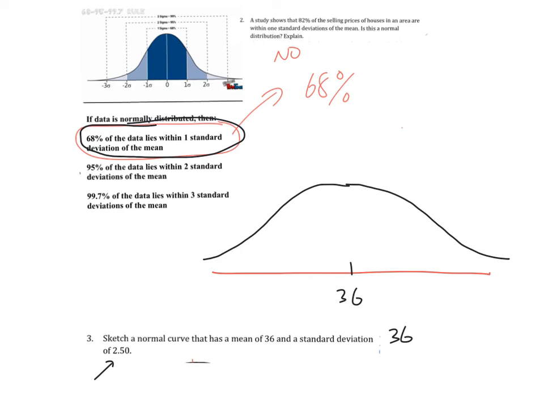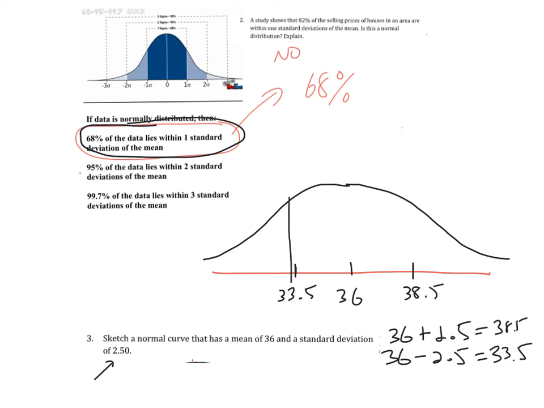So we're going to go 36 plus 2.5, and we're going to go 36 minus 2.5. And that's going to give us a range of 33.5 and 38.5. So I'm going to label those 33.5 and 38.5. And that tells me that 68% of the data is going to fall between those two values.